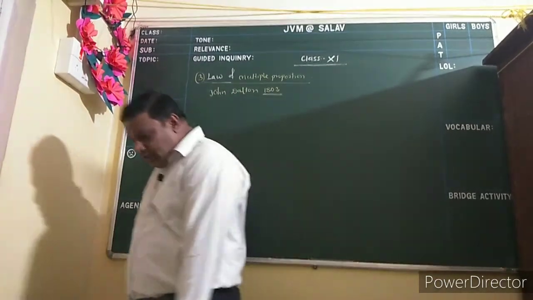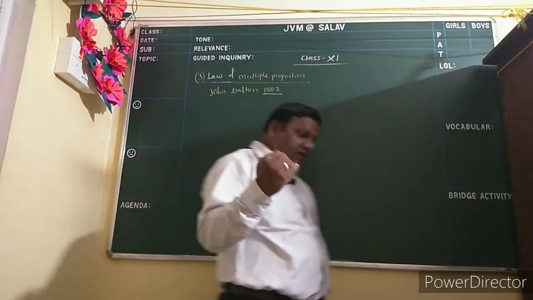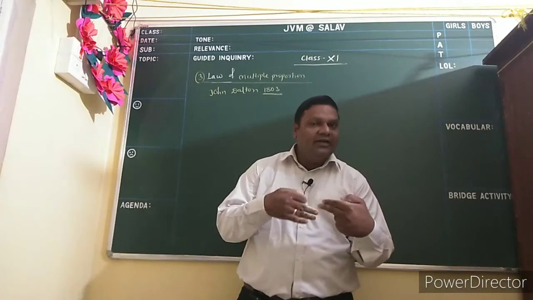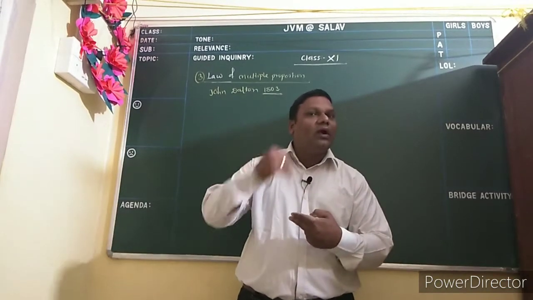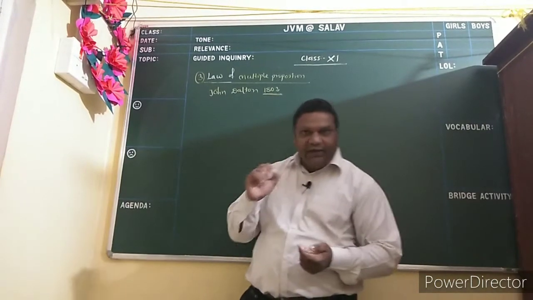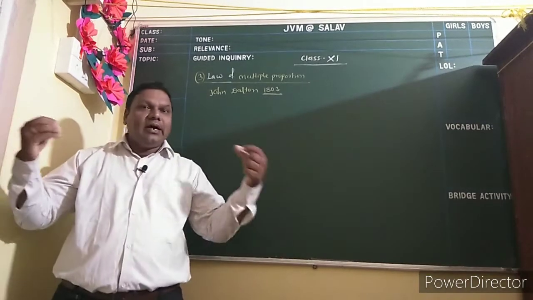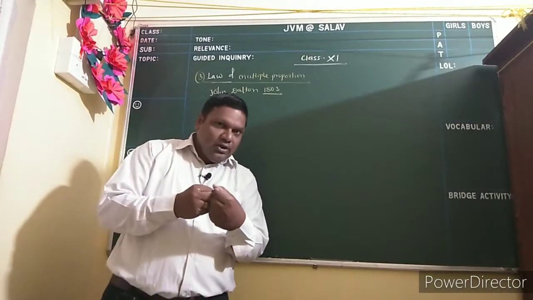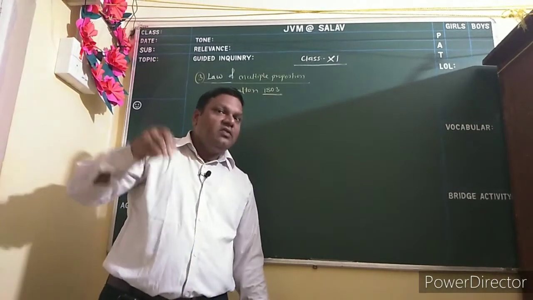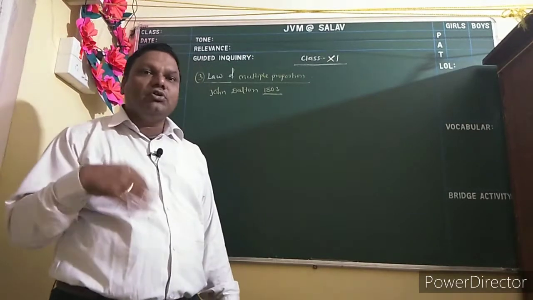Here it says that when two different elements combine with each other and form more than one compound, again I repeat it, when two elements combine with each other and form more than one compound, then the proportion is also different. The proportion is also multiple.